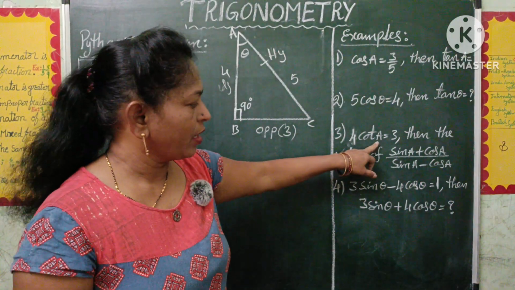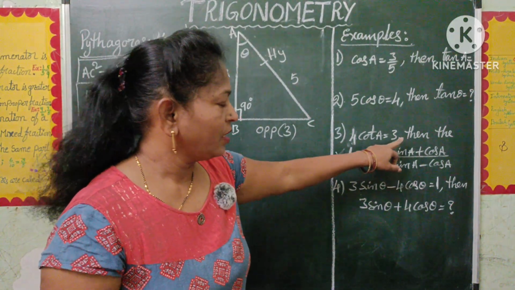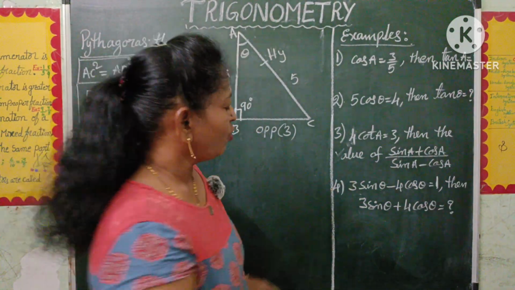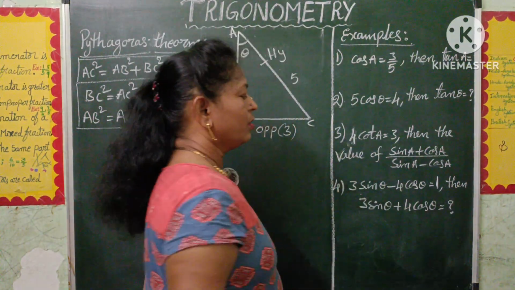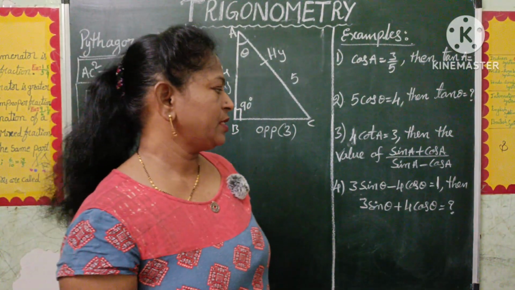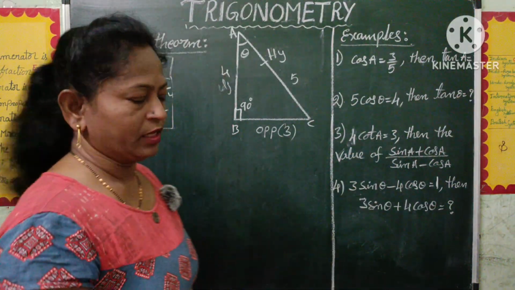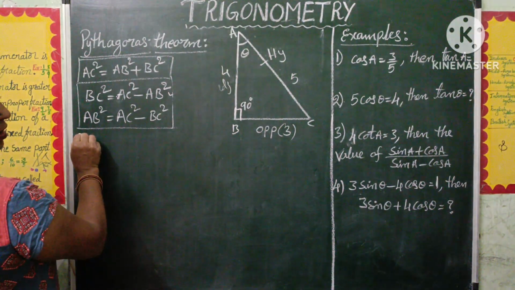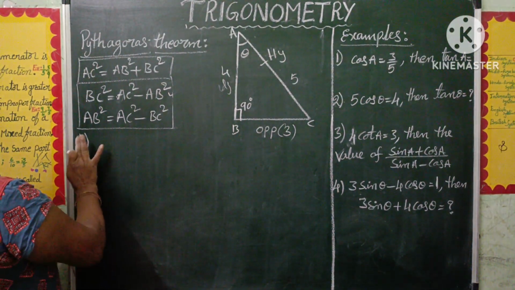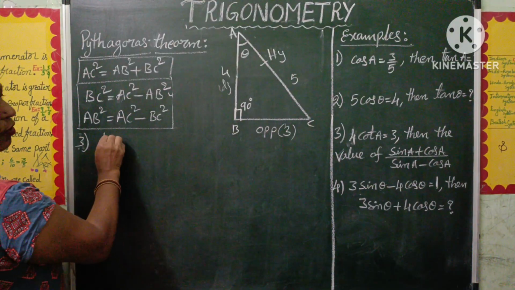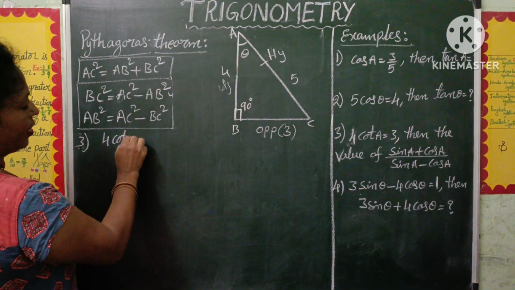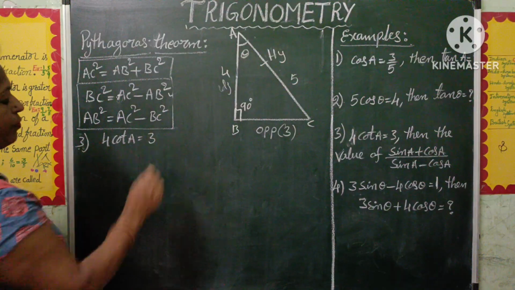4 cot A equal to 3. Then find the value of sin A plus cos A by sin A minus cos A. Here the cot ratio has been given. Indirectly, what is the question? Third one, no? 4 cot A equal to 3.